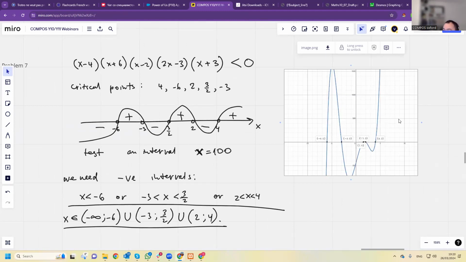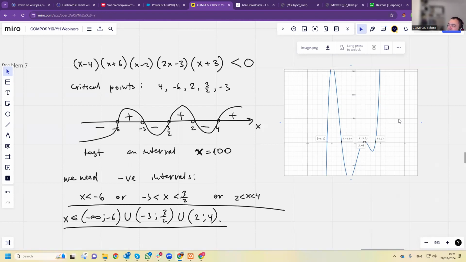How did you know that the interval between 2 and 4 was negative by plugging in a number from a different interval? Is it that intervals next to each other always have alternate positive and negative? Not always, but usually. The intervals will alternate sign unless there's a special case, and I will talk about the special cases next time.